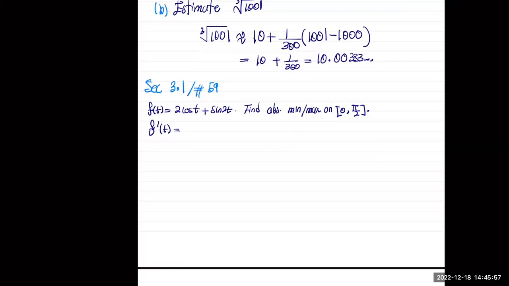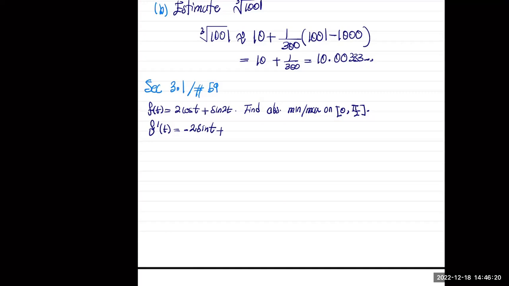Take the derivative. The derivative of 2 cosine t is negative 2 sine t. And the derivative of sine 2t, so many people have forgotten chain rule on their third and fourth exam. And I kept repeating, don't forget to take the derivative of the inside.